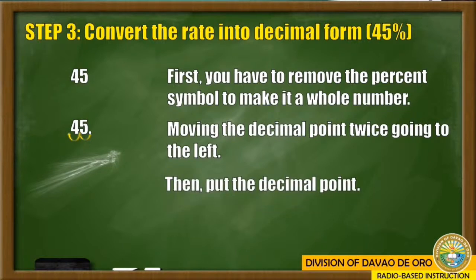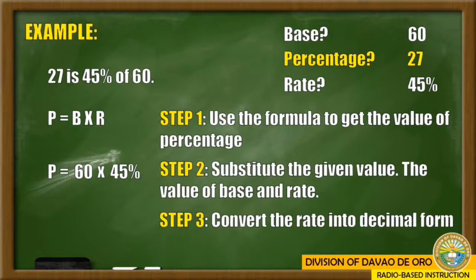Then put the decimal point, and it will happen like this: 0.45. Understood? Very good. So, what is our decimal form? Very good. 0.45. So, percentage is equals to 60 times 0.45. Understood? Very good.